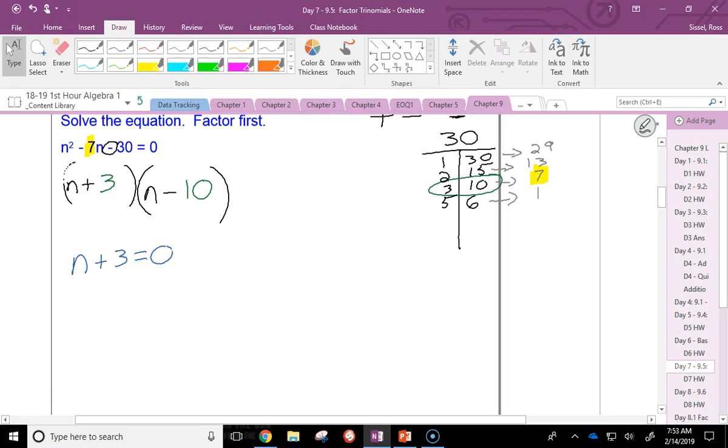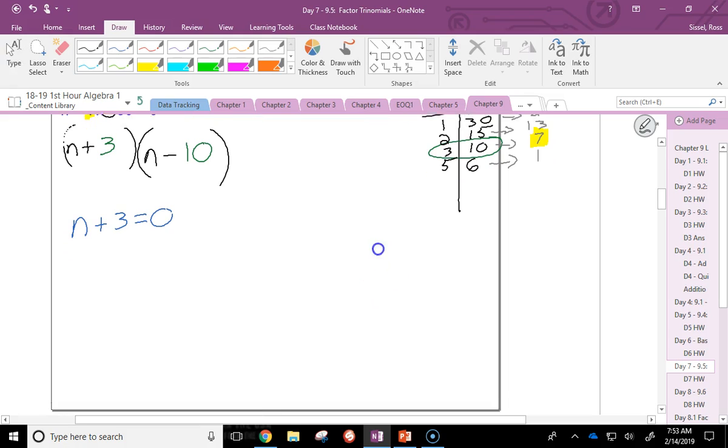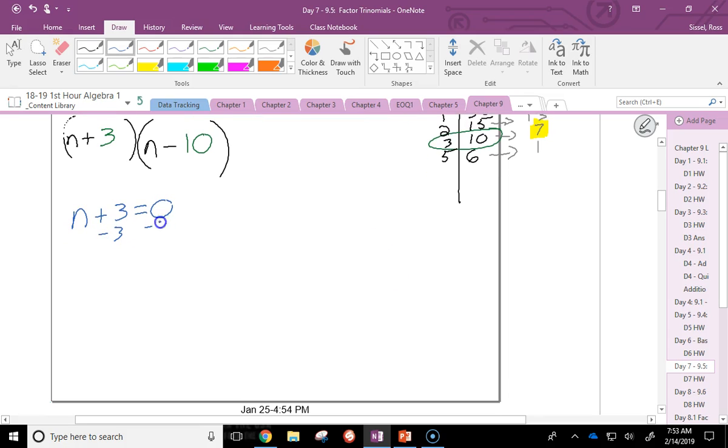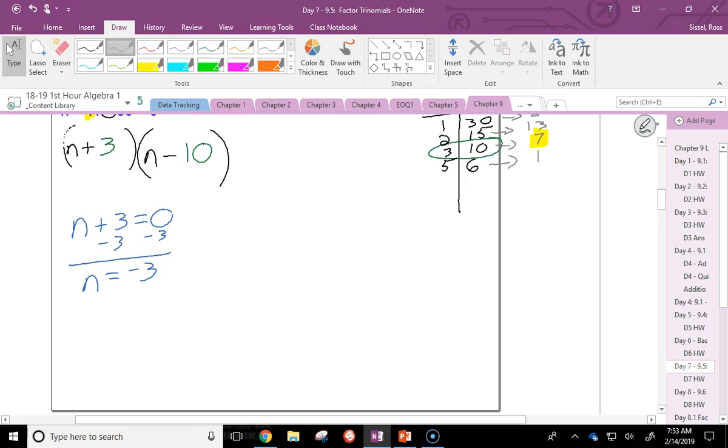And so n obviously is going to equal, we subtracted 3, n equals negative 3. I'm going to take my other equation, n minus 10, and what is it going to equal? Okay, so then we have n equals 10.